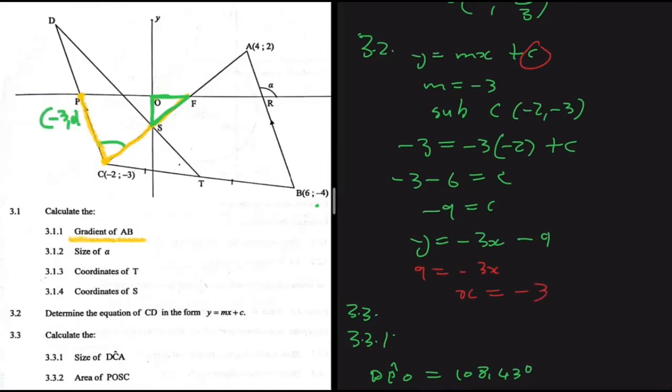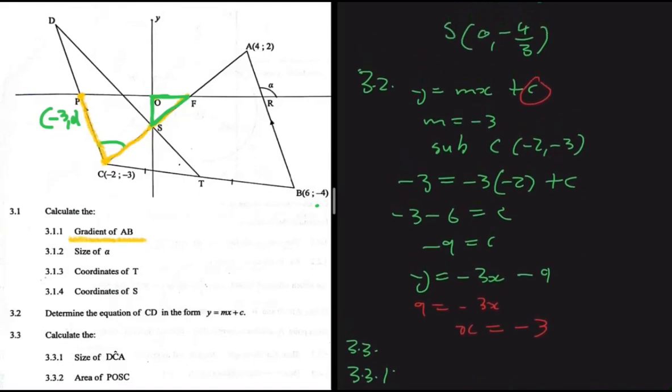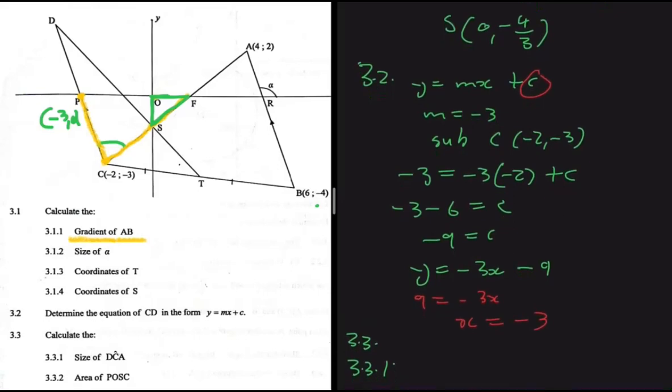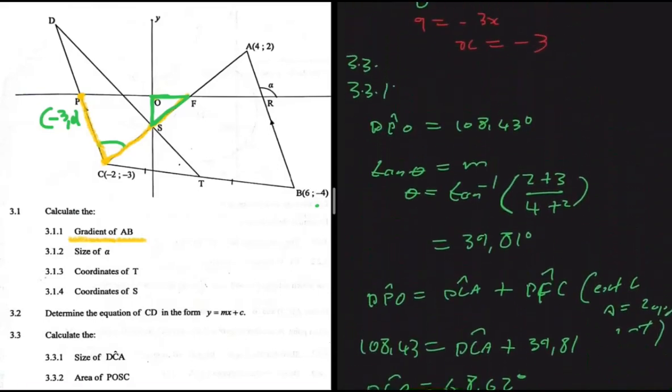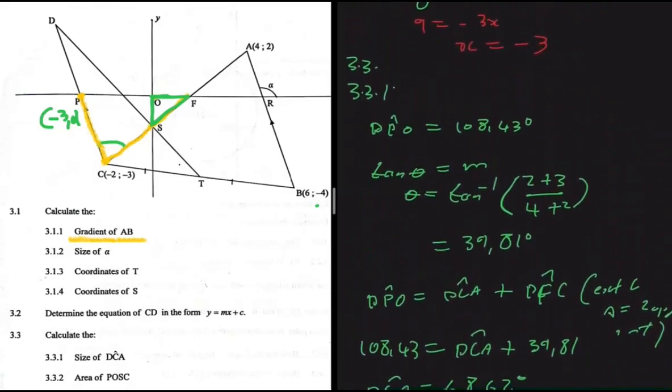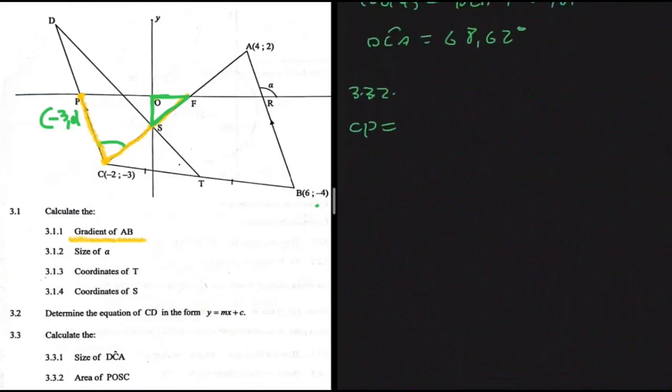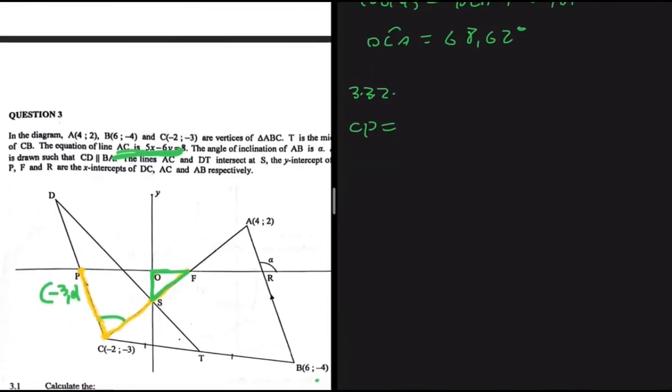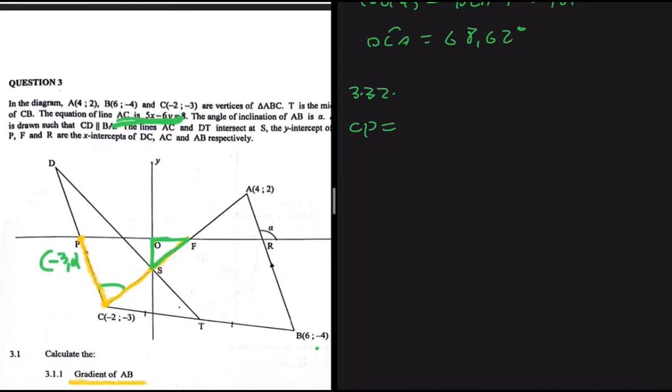And then which other one do we need? We also need the coordinates of F, right? The y coordinate of F is 0, and we are given the equation of AC. The equation of AC is given as 5x minus 6y equals 8.